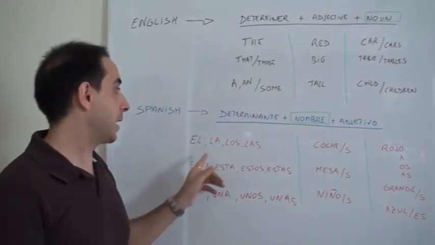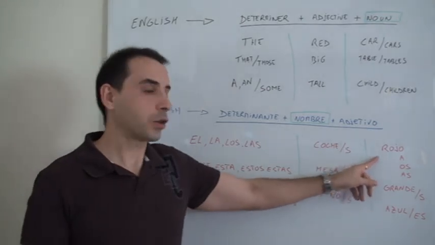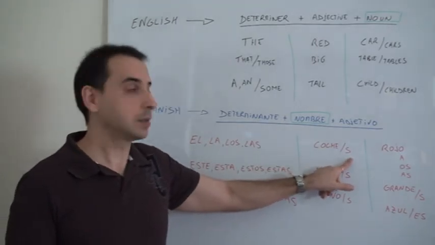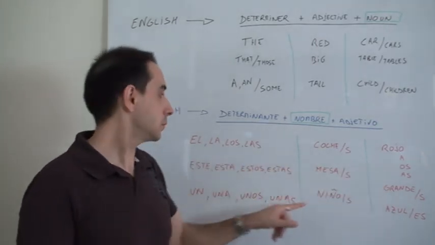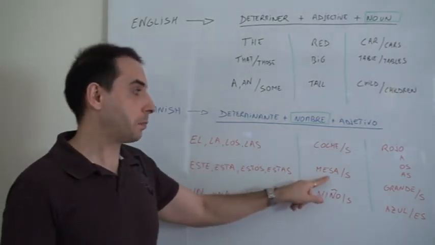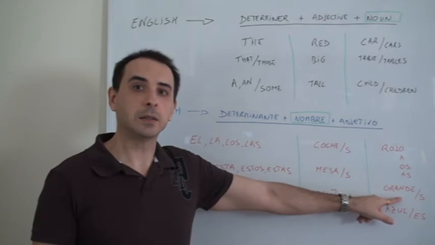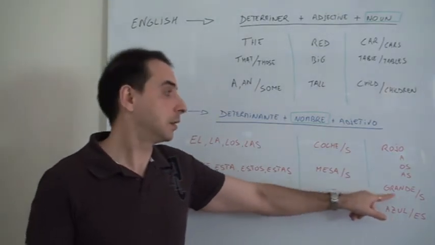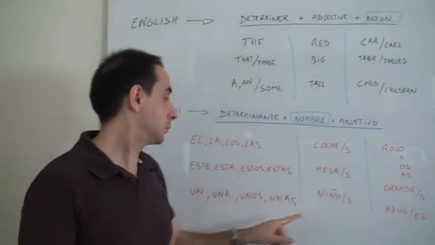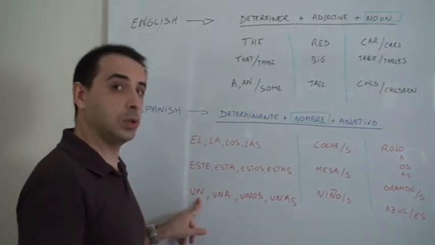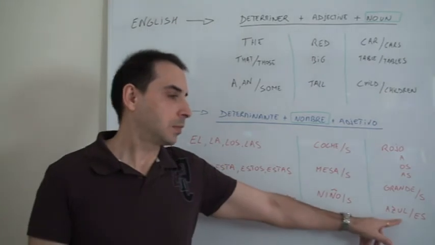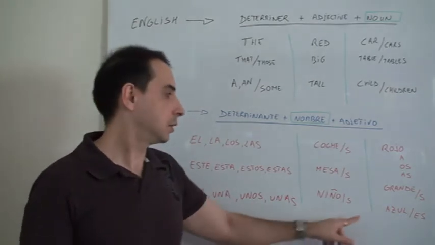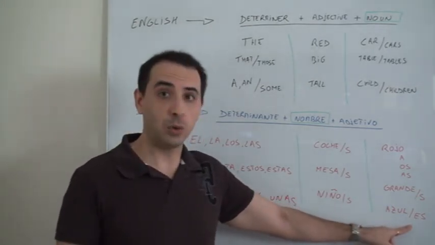That way we can say el coche rojo, los coches rojos, la mesa grande, las mesas grandes, un niño azul, unos niños azules.